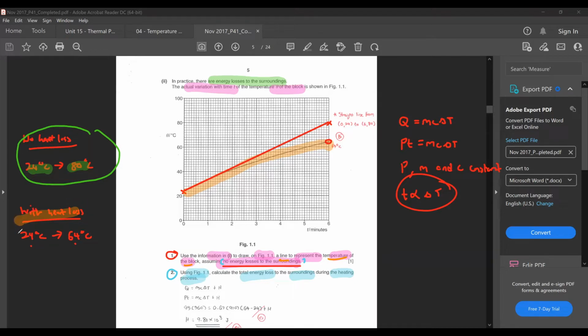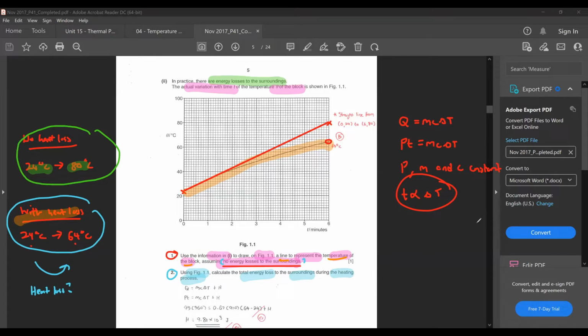Okay, so what they want is this. You went from here to here. What was the heat loss in this process? So you can make use of your energy equation again.